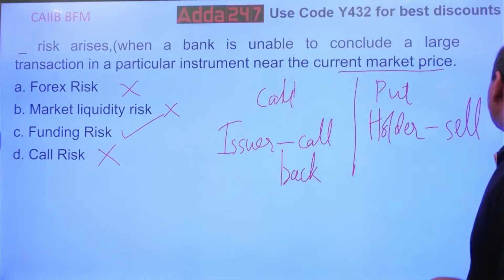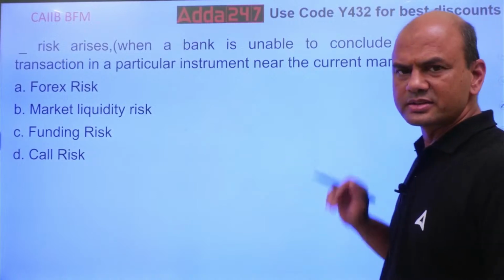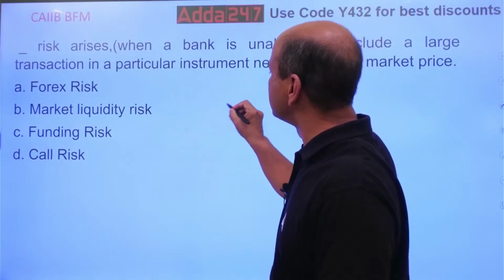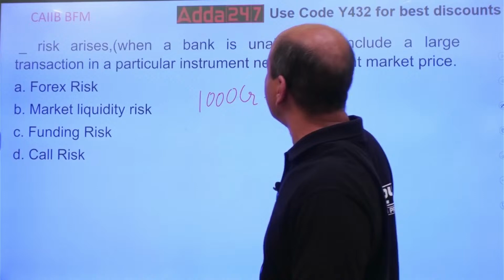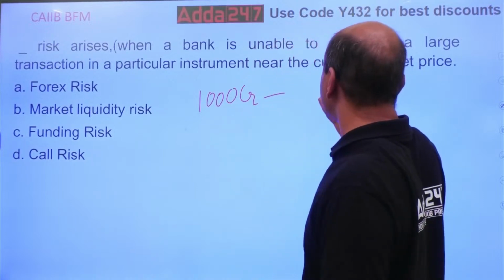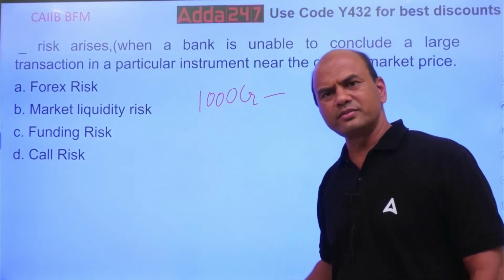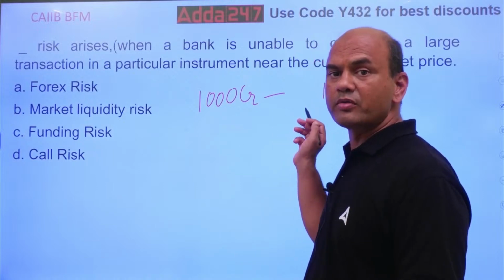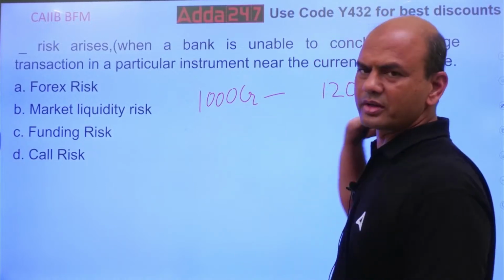Obviously, how can it not be? See this. I'll give you a simple explanation. Funding risk, look at this. Suppose I am planning to sell 1000 crore bonds at 120 rupees per bond, and I multiply this, whatever that figure is.